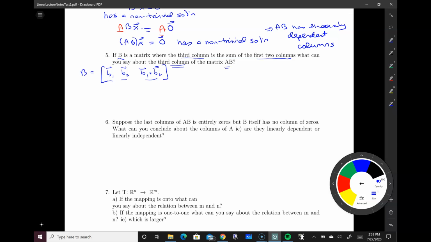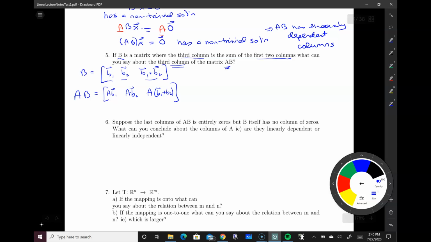If I'm going to find the matrix AB, that means I'm taking A times the matrix B. So by doing my matrix multiplication, I'm going to take the matrix A times column B1, matrix A times column B2, and matrix A times the third column, which is this. So what can we say about the third column of the matrix AB?